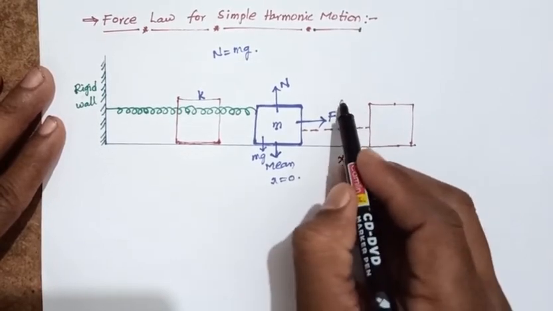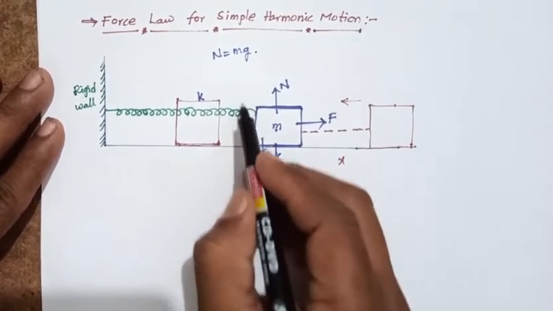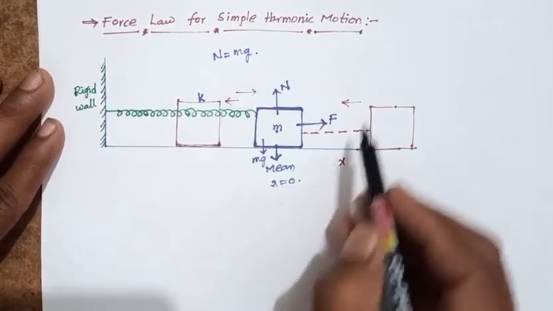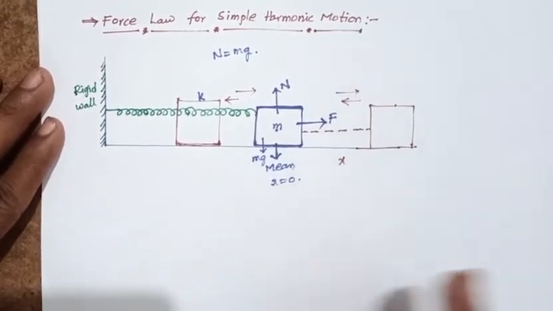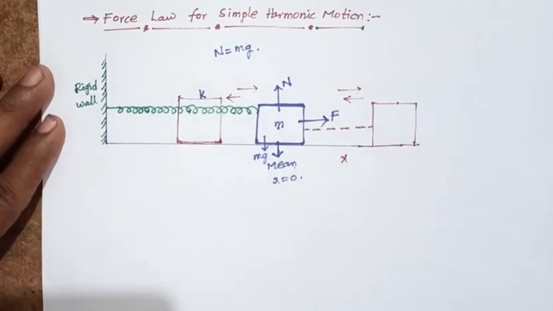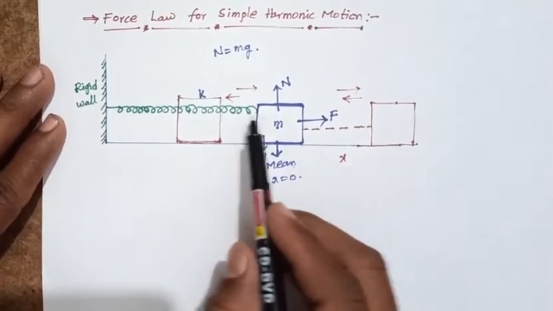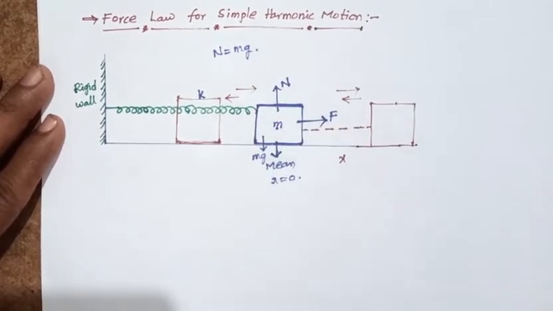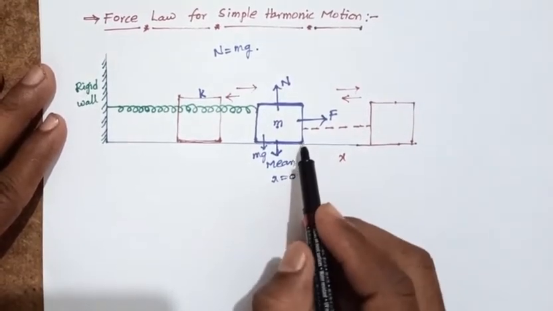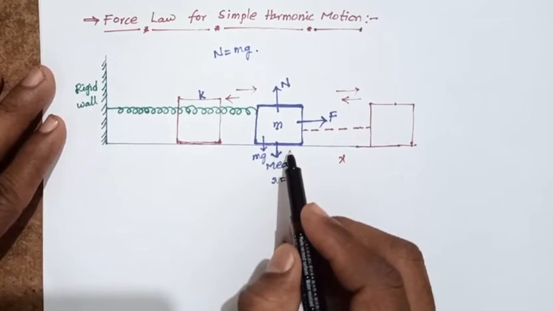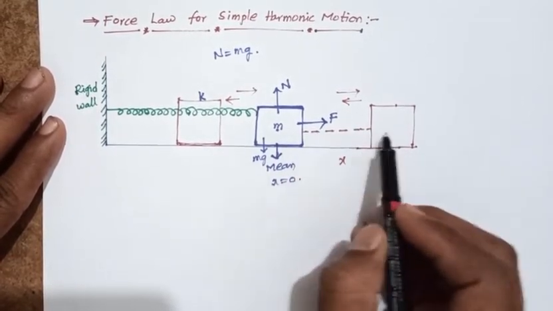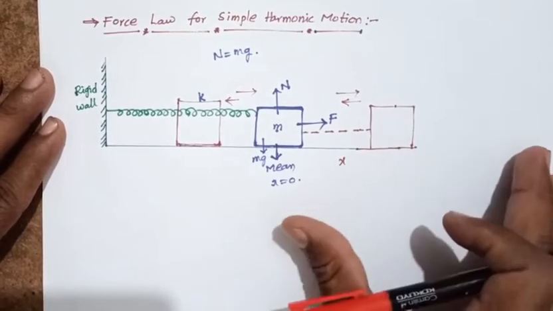So it moves to this side and that side, and again moves like this. It oscillates continuously. This to and fro oscillation is called simple harmonic motion. We can take the maximum displacement when the force is applied as the amplitude.